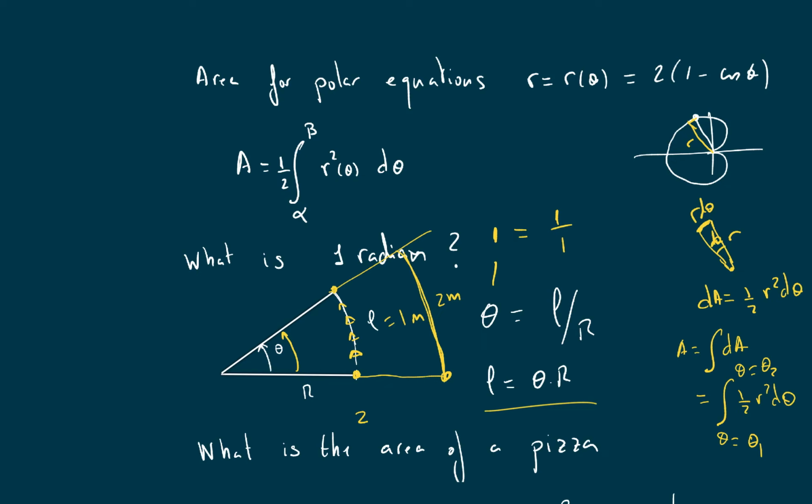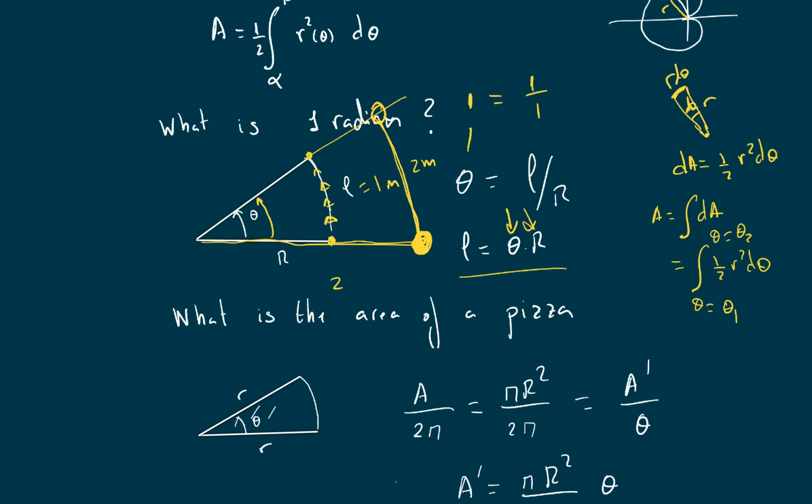So the arc length of the circumference, when you move from here to here, you move a distance, an amount of meters, that is the angle times the radius.